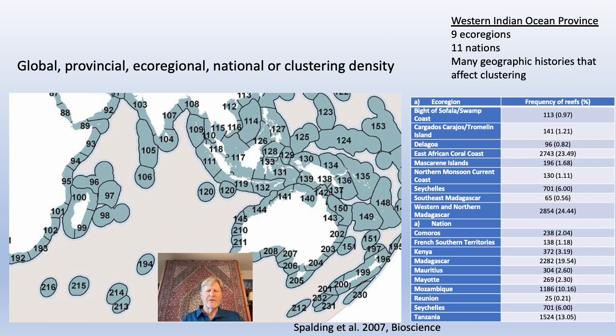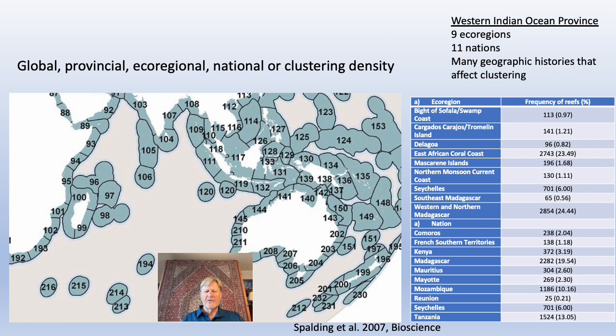the species richness. We have mapped out the reef cells in each of these ecoregions and countries, and you can see the number of these 6.25 square kilometer cells in each of those ecoregions.